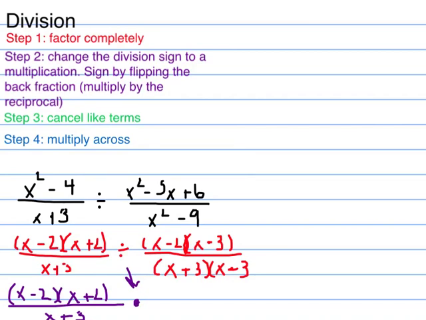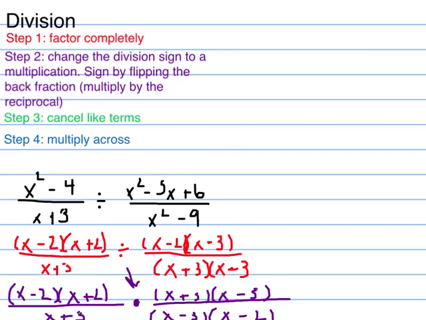We multiply by the reciprocal, so that would be x plus 3 times x minus 3 over x minus 3 times x minus 2. And from there, the steps of multiplication are the same.